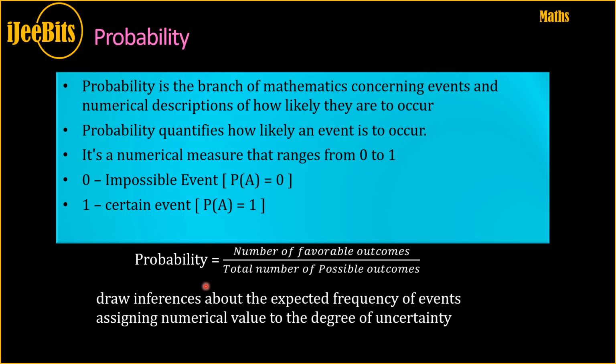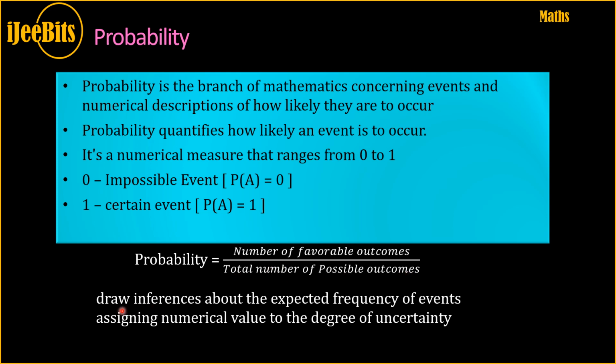The simple definition for arriving at a numerical value for the degree of uncertainty is the number of favorable outcomes divided by the total number of possible outcomes, which is nothing but probability. Probability equals the number of favorable outcomes divided by the total number of possible outcomes.